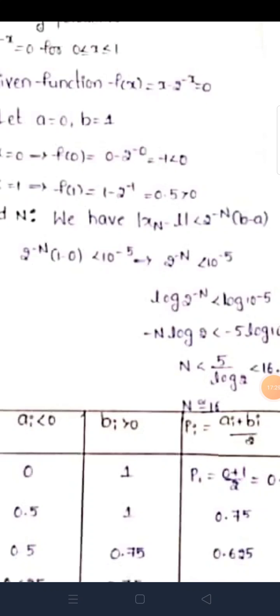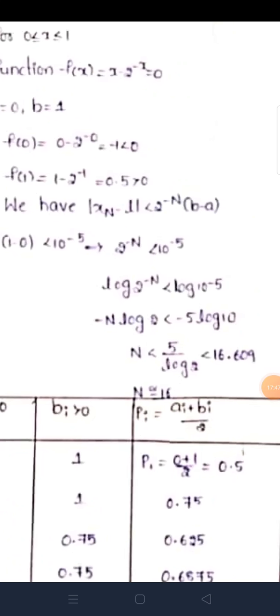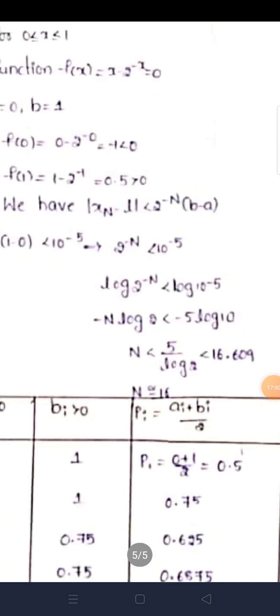We get log 2 power minus n less than log 10 power minus 5, so minus n log 2 less than minus 5 log 10, so n greater than 5 by log 2, which is 16.609. n is nearly equal to 16.